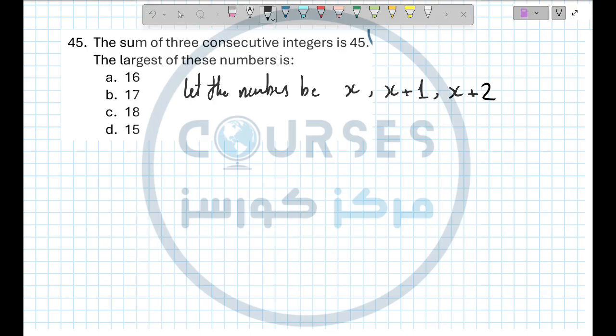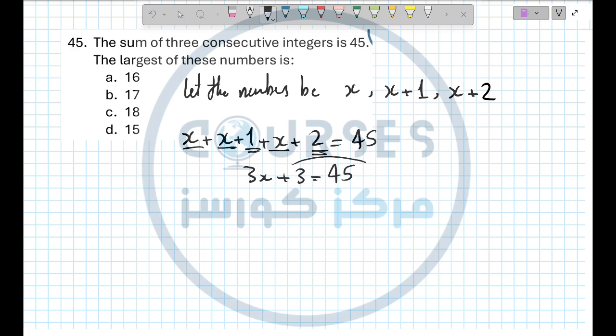So these are 3 consecutive, meaning they are following each other. When you add them, because he said the sum, you're getting 45. So x plus x plus 1 plus x plus 2 equals 45. Add the x's, so that's 3x. Add the numbers, plus 3 equals 45.